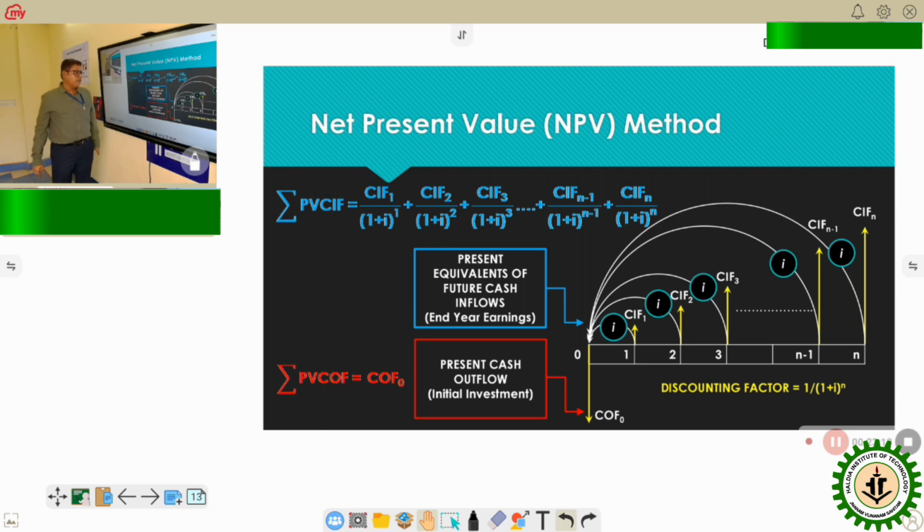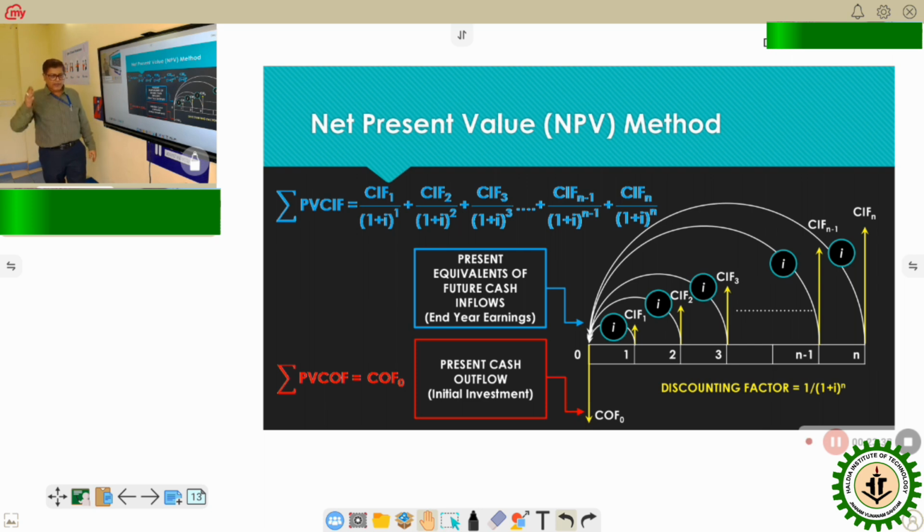Now what we do, we are converting all the cash flows. CIF1, cash inflow, let me tell you that inflows are generally profit, revenues, that means which comes into the business. And COF, cash outflow, means which goes out of the business.